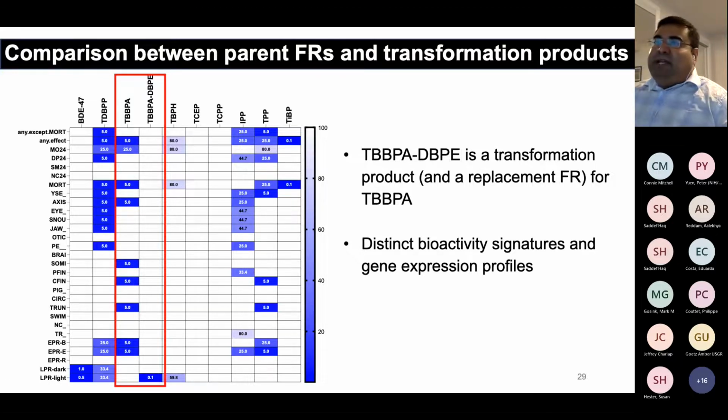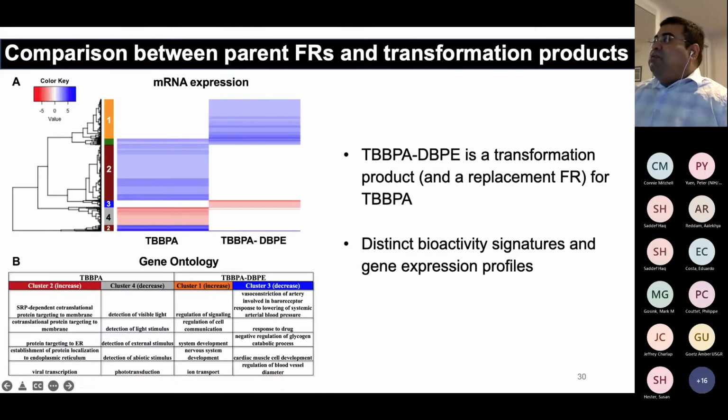What you see here is that between the parent and the transformation product, the phenotypic profile is distinct. The TBBPA disrupts mostly the morphological phenotypes, whereas the DBP only disrupts the LPR phenotypes. And this is also reflected in the gene expression profiles, where there are minimal similarities between TBBPA and TBBPA-DBP.